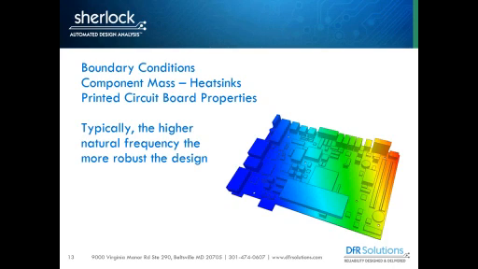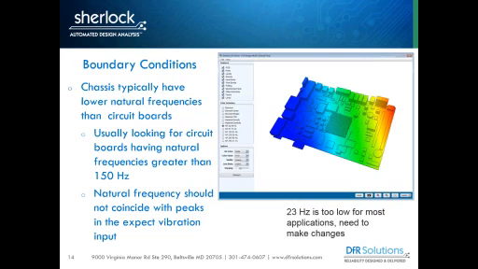I'm usually shooting for 150 to 180 hertz as a starting point, because a lot of chassis are usually around 50 to 100 hertz. So we want to get 2 octaves above that, depending on what your chassis stiffness is. You need a fairly stiff circuit board. So if I see something below 150 hertz, I'll flag that immediately.